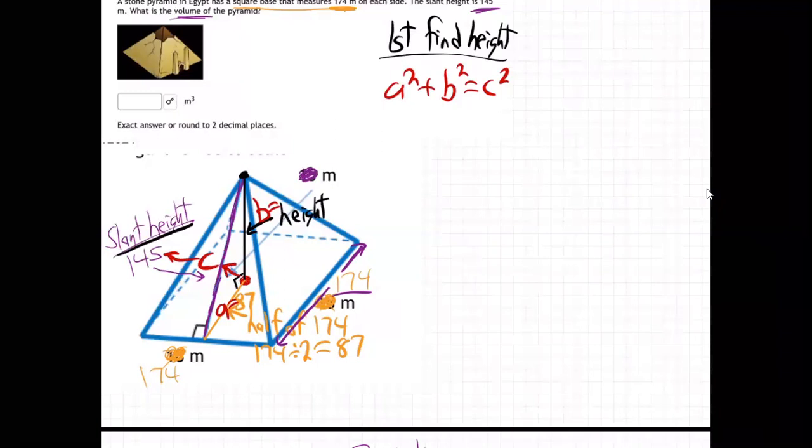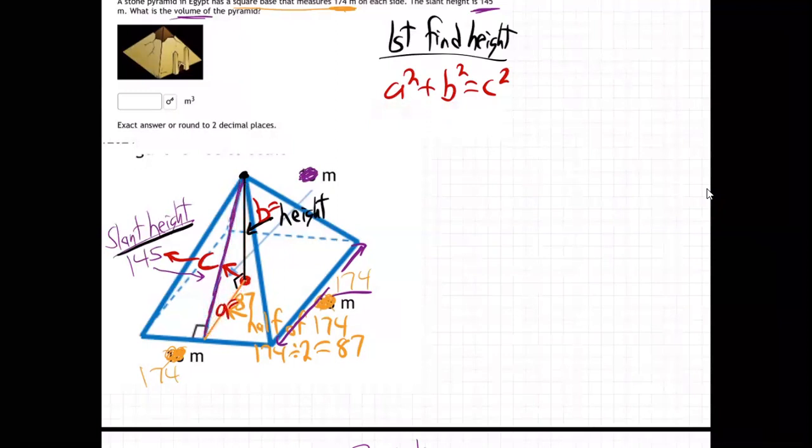Remember, whenever we have a right triangle, c is the biggest side. You can tell that the slant height is the biggest side. The other two, a squared and b squared, add up to equal c squared.